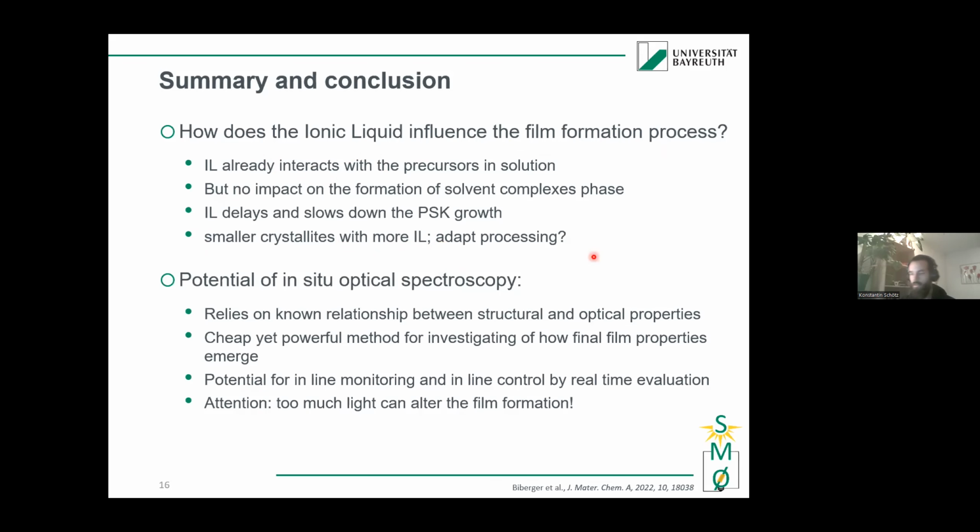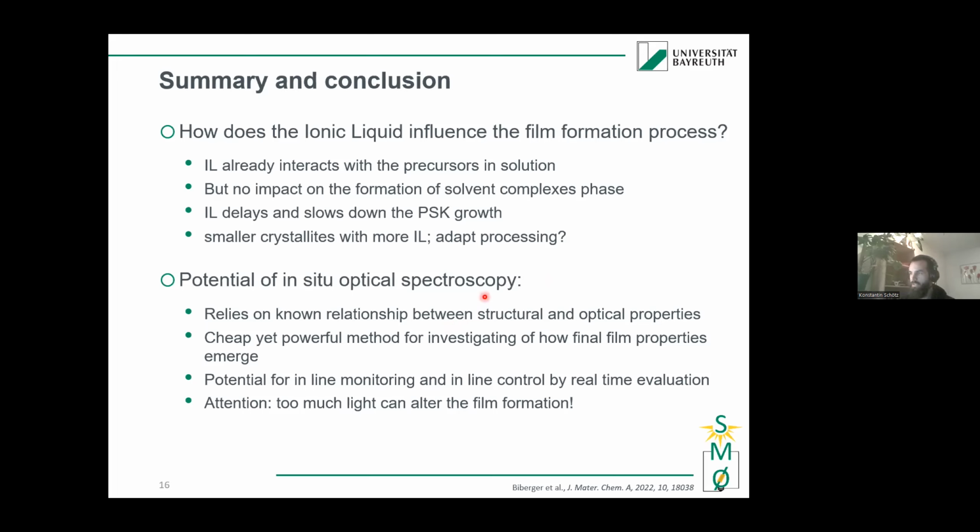Now, generally, the optical in situ spectroscopy relies on the known relationship between structural and optical properties. So if you don't know this relationship, we cannot interpret the optical properties.